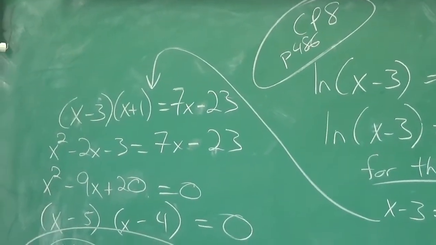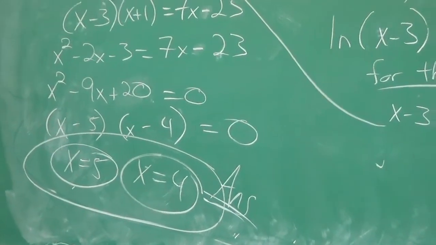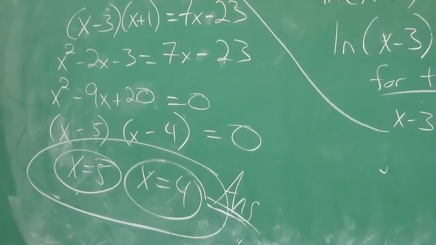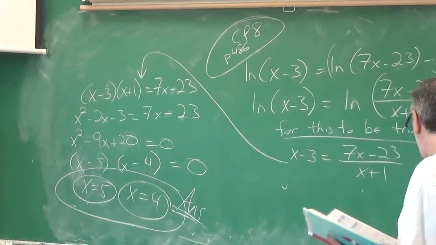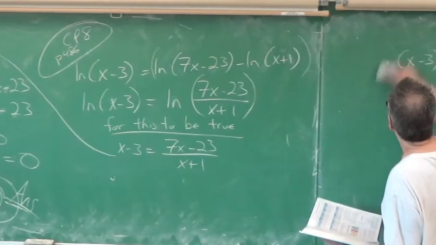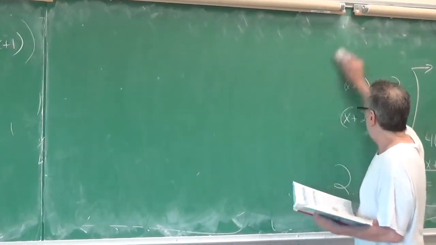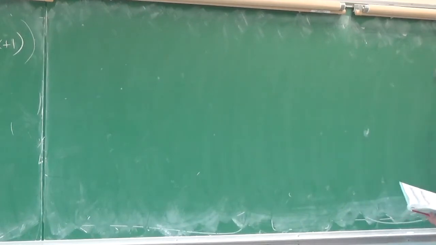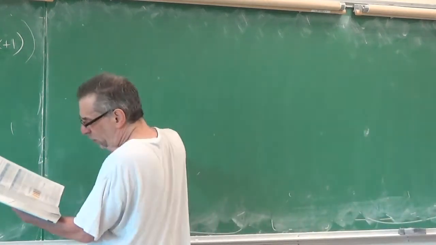Okay, let's do one applied problem, and then we can call this section done. All right, so let's look at number 104. And this is just using any one of the methods to solve a word problem, basically.